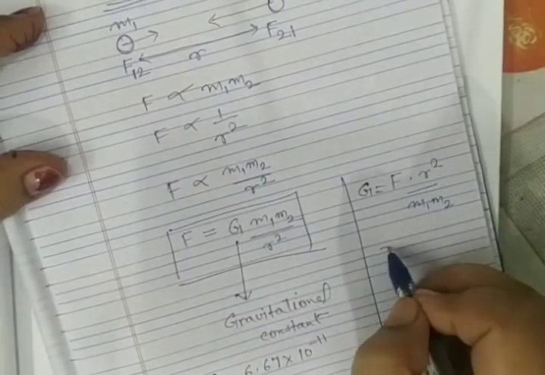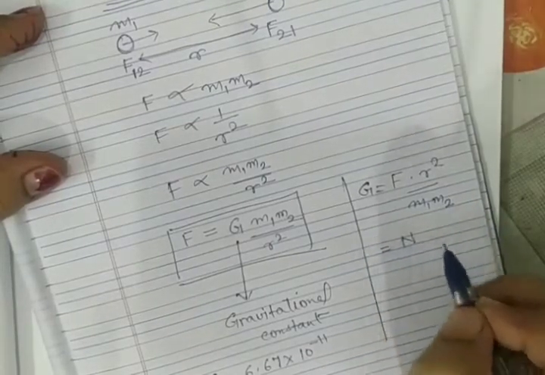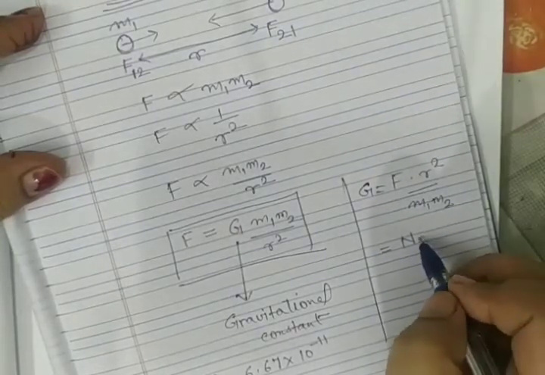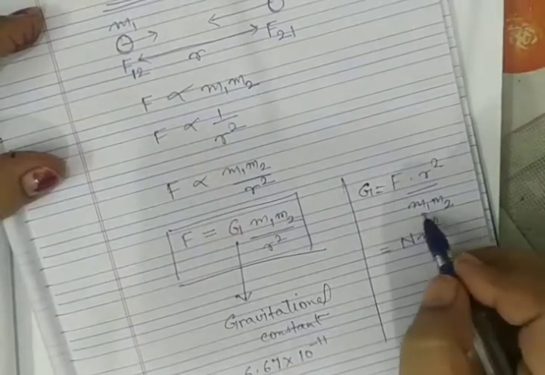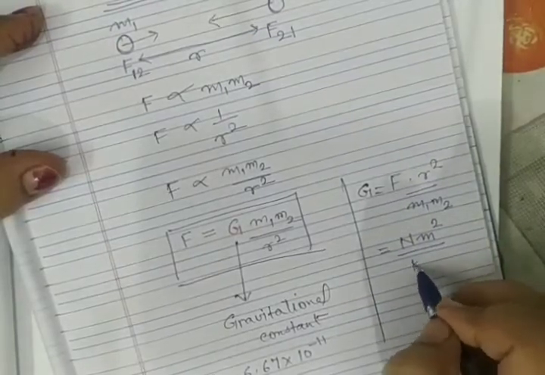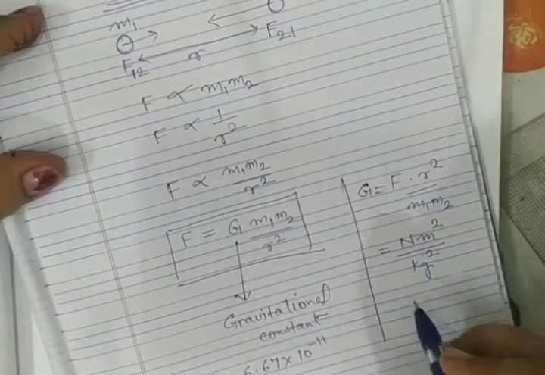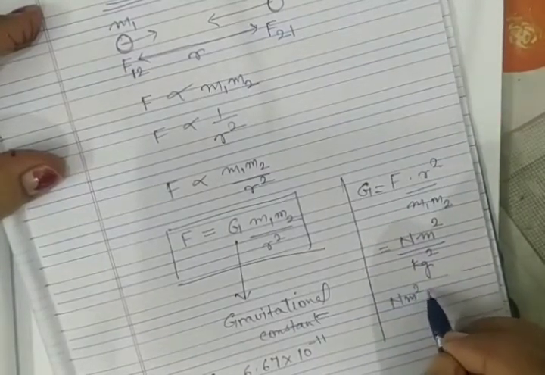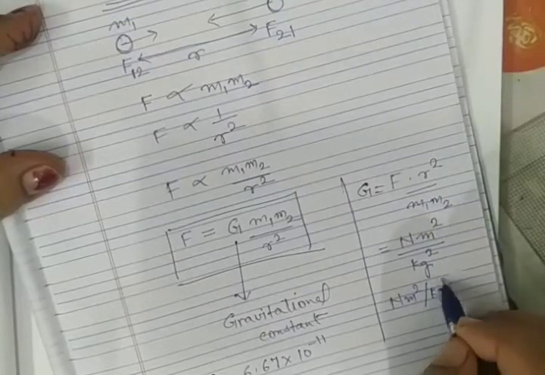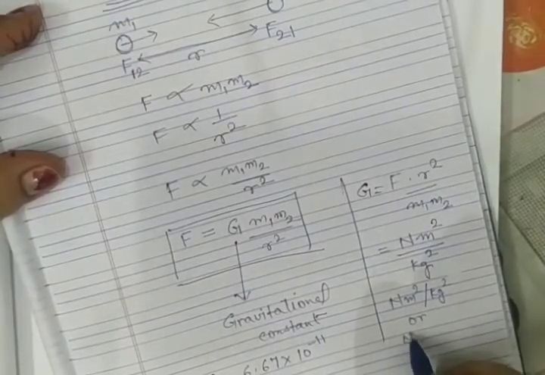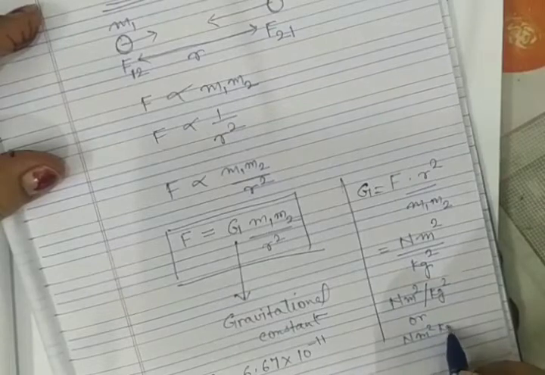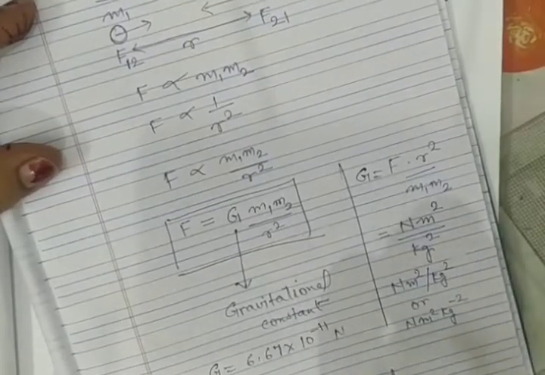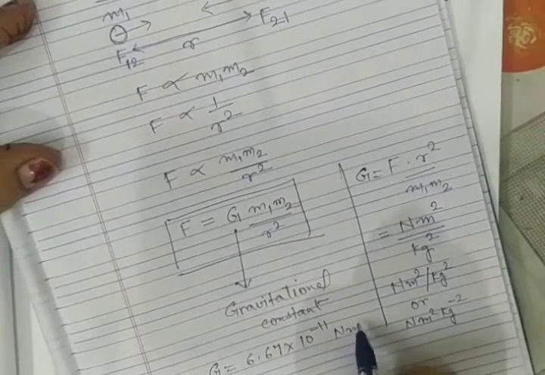Now what is the unit of F? Newton. Unit of r, we are talking about SI units always, so meter square, and unit of m1 and m2, both are masses, so kg square. So you can either write it as Newton meter square per kg square, or you can write it as Newton meter square kg to the power minus 2. Okay, so this is the unit of the gravitational constant.